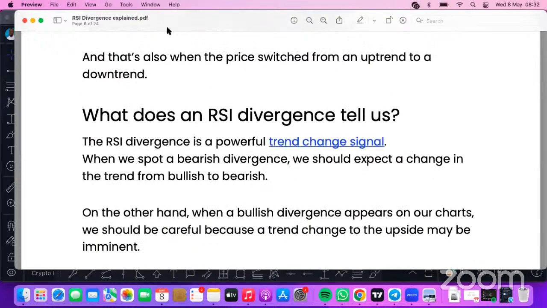Now, what does the RSI divergence tell us? The RSI divergence is a powerful trend change signal. It's a powerful signal that the market that was going up is now going down, and the market that was going down is now going up.